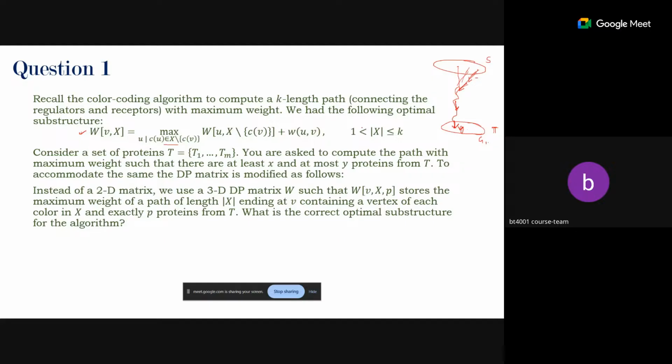We had a two-dimensional DP matrix where the V's formed the rows.